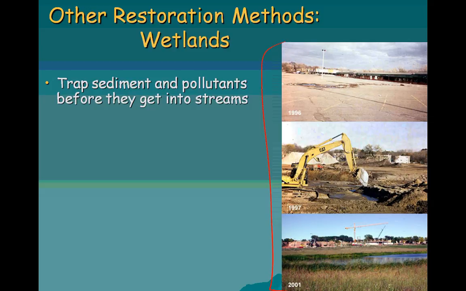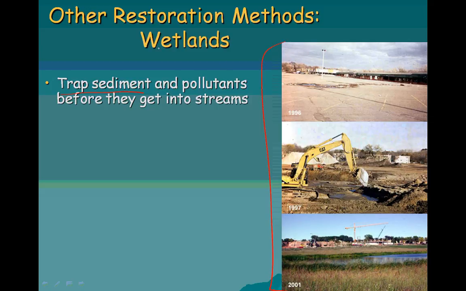If you remember from our chapter on biomes, wetlands are like sponges, so they're going to trap a lot of sediment coming down off of mountains, and a lot of the pollutants if it's a mining area. And by the way, this picture is just a cool picture showing how a wetland can be created, and how we can really manipulate landscapes.